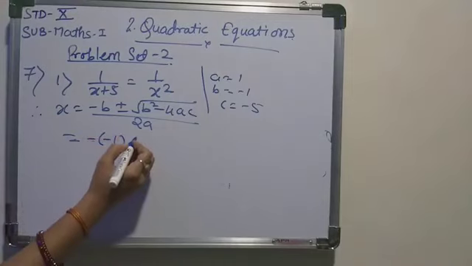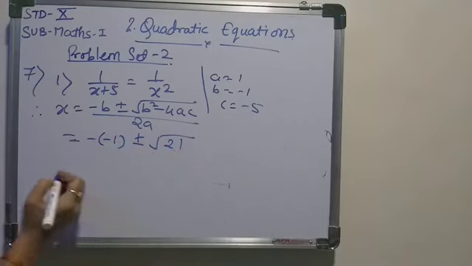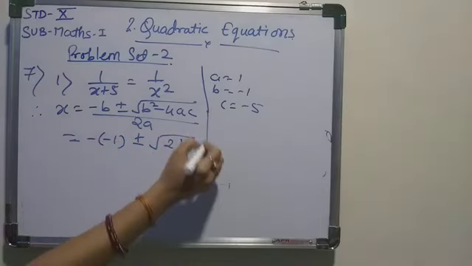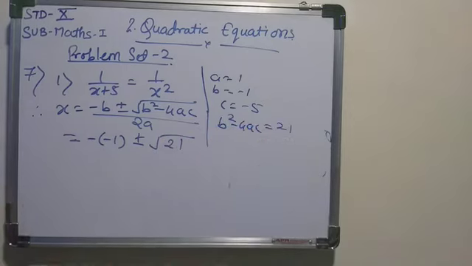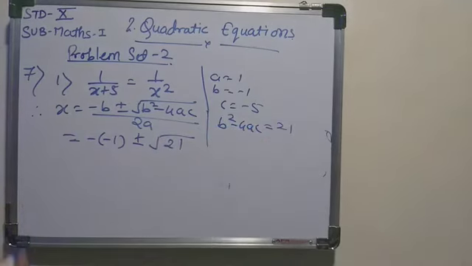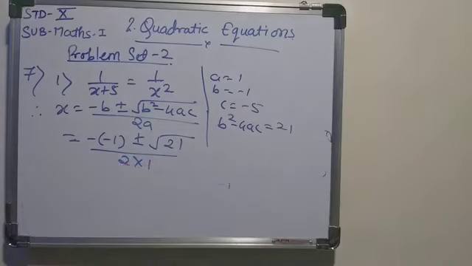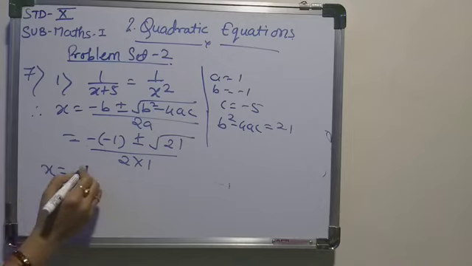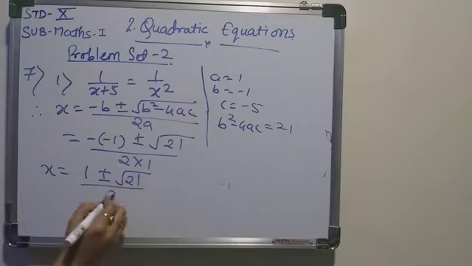Minus minus 1 plus minus under root 21, and b square minus 4ac is under root 21, upon 2 into 1. Minus minus plus, so you will get x is equal to 1 plus minus under root 21 upon 2.